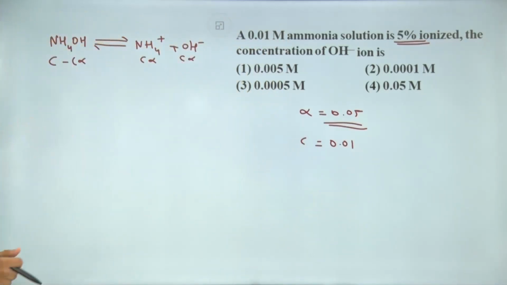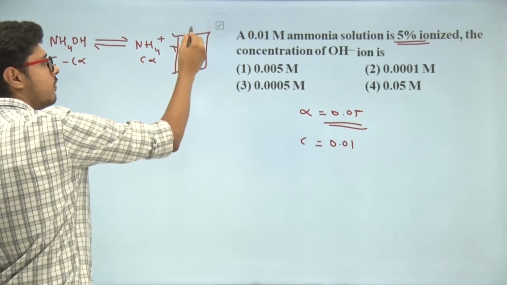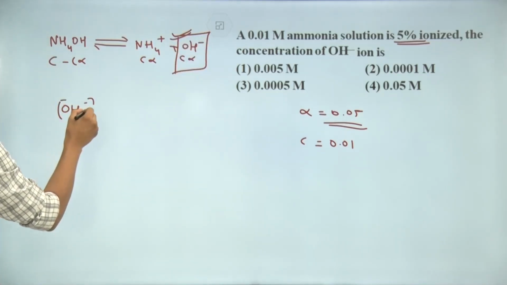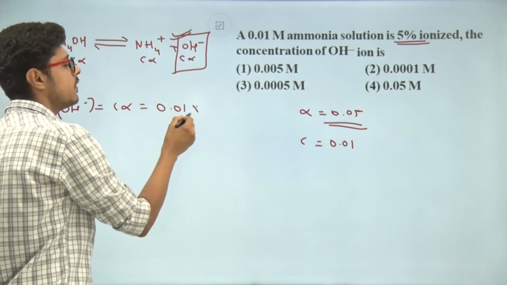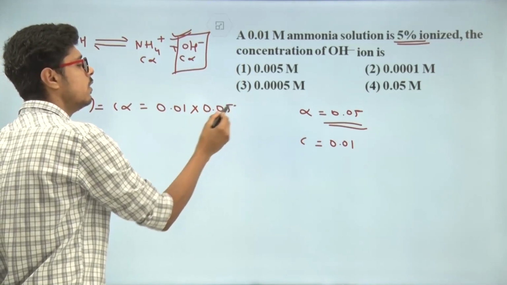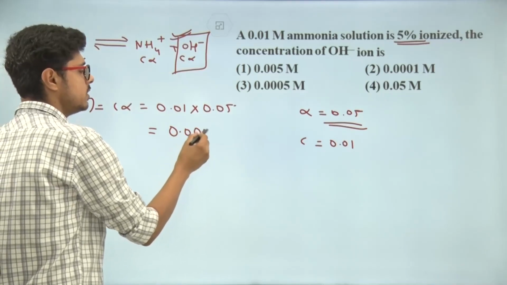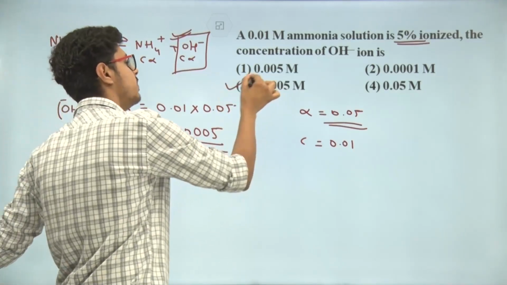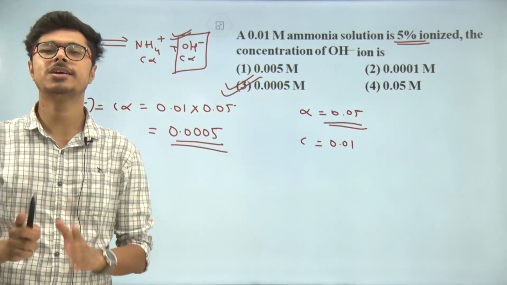So for the concentration of OH minus, we have already found that the concentration of OH minus is C alpha. That will be equal to 0.01 into 0.05. So this is coming out to be 0.0005. Correct. So from here, our correct option will be option number 3, that is 0.0005.